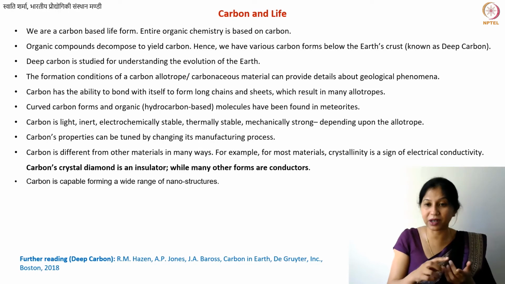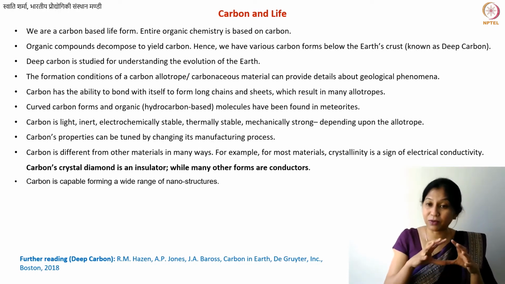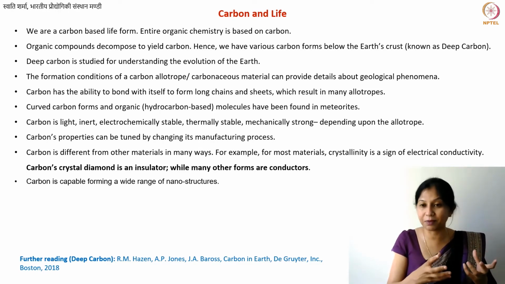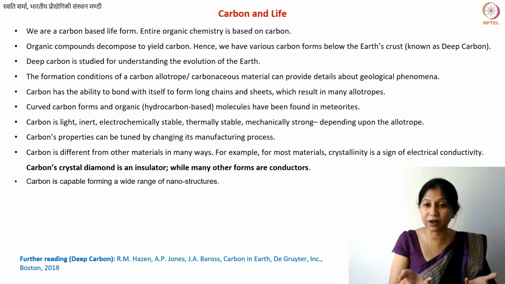So 7-membered rings, 5-membered rings, and sometimes, because of these non-6-membered rings, you get curved structures. That is the reason for the formation of curved carbons. That is why you also have non-6-membered rings in a fullerene, which is a football-like molecule, the Buckminster fullerene.